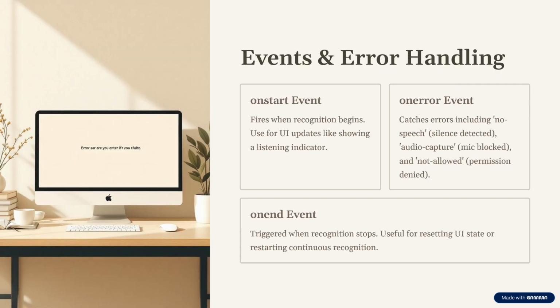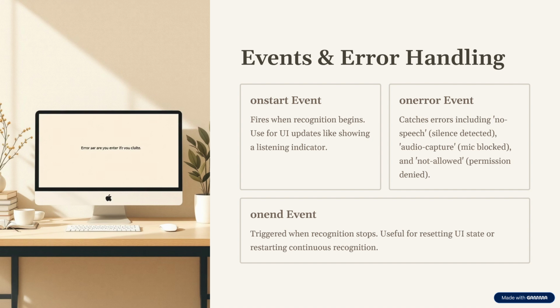Now moving ahead, we have events and error handling: onstart event, onerror event, onend event. The onstart event is generally used for UI updates, like showing a listening indicator. The indicator is a sign for the user using this, so that he or she is aware that it is speaking and working properly.